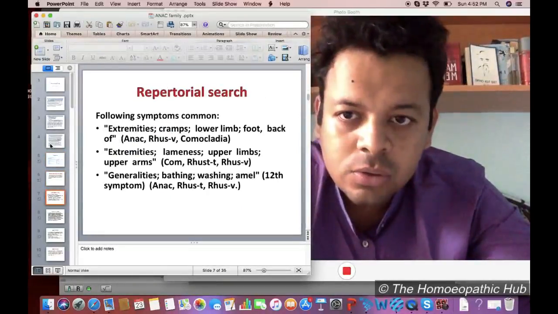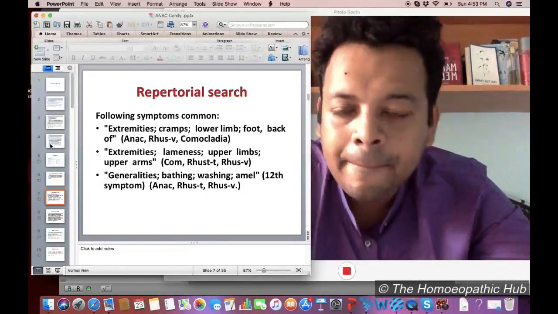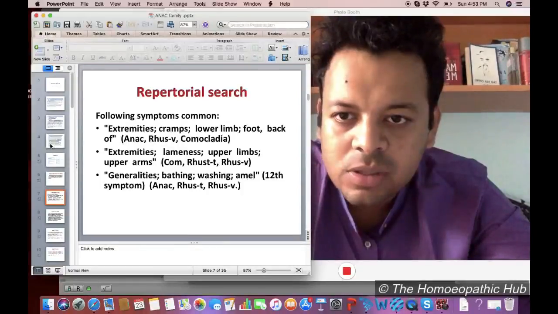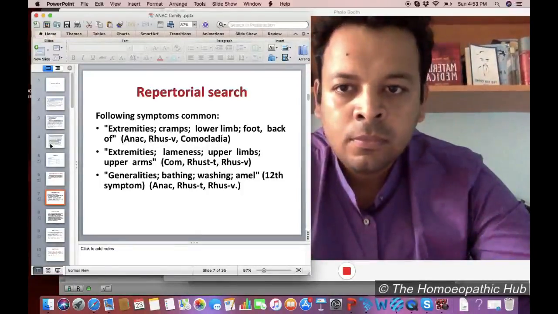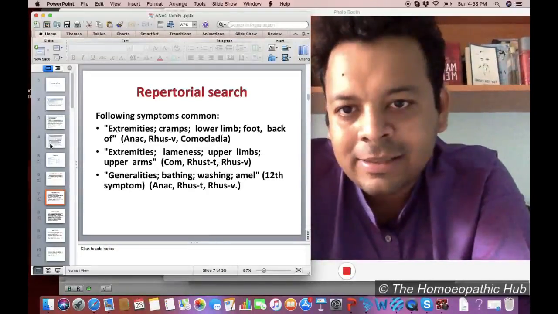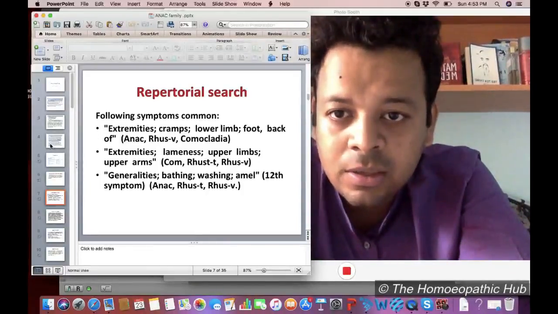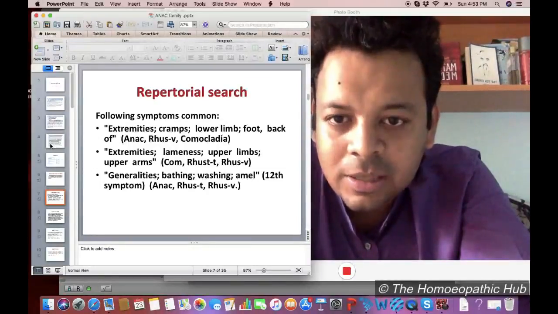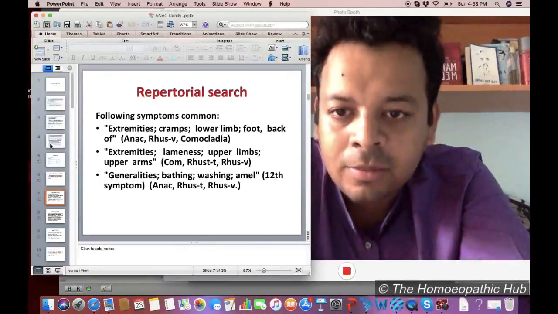And if we use software, MacRepertory, which I believe is the best software in the world, and try to see what the common symptoms are in all these remedies, from the rubrics: extremities, cramp in lower limbs, foot, back: Anacardium, Rhus venenata, Comocladia dentata. Number two, extremities, lameness, upper limbs, upper arms. Next, generalities, bathing, washing, amelioration. Again, Anacardium, Rhus Tox, Rhus venenata.